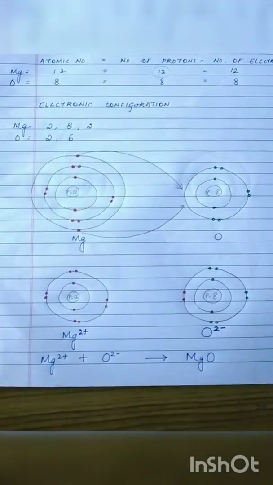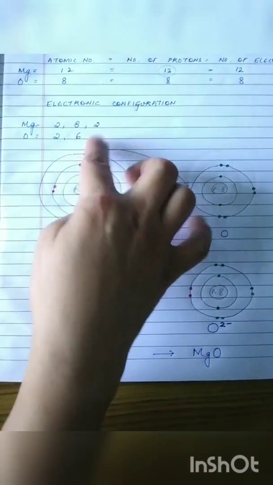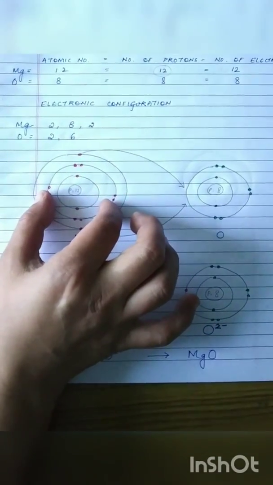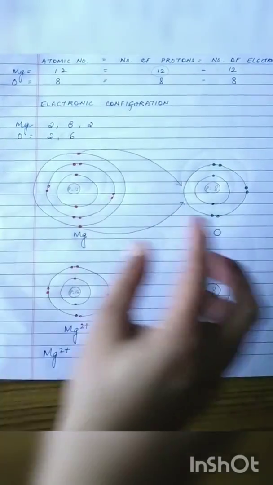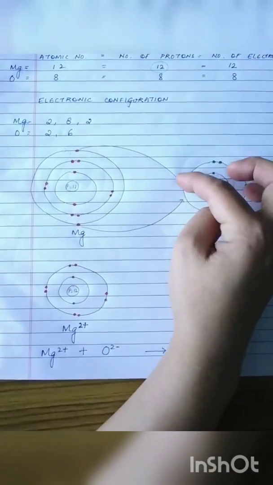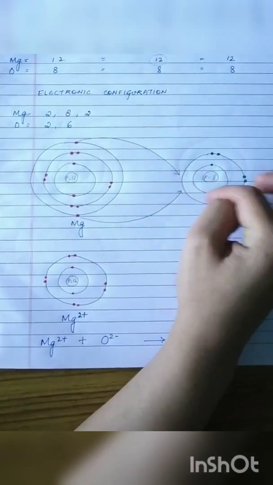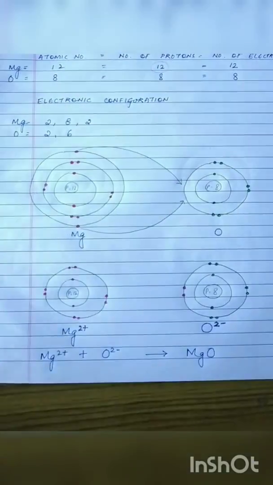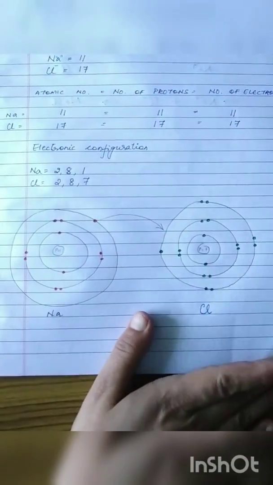They cannot give as many electrons as they want. Actually, they have to remove this outermost orbit so that they form a stable configuration. So they always give away the valence electrons. And the non-metals also receive only those many electrons that they require to form a stable configuration. Here they needed 2. Here chlorine needed only 1.